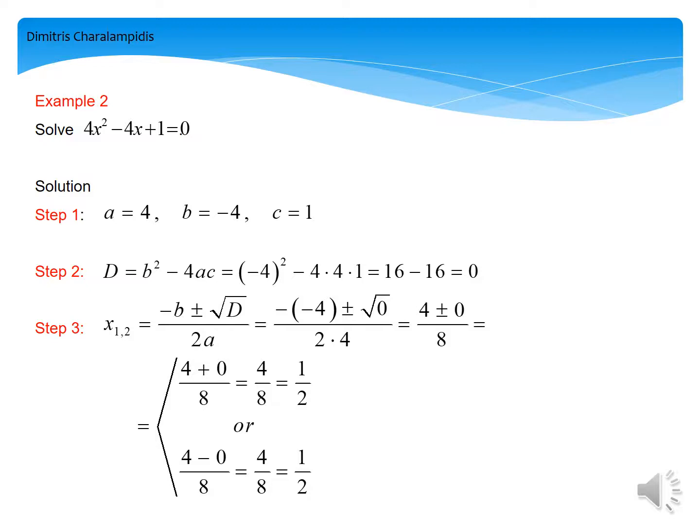We would have to split this fraction into two new ones, but notice that the result won't change because either we do 4 plus 0 or 4 minus 0, the result in both cases will be 4 over 8, which is equal to 1 over 2. So, to answer our initial question, actually there is one solution, which is 1 over 2.